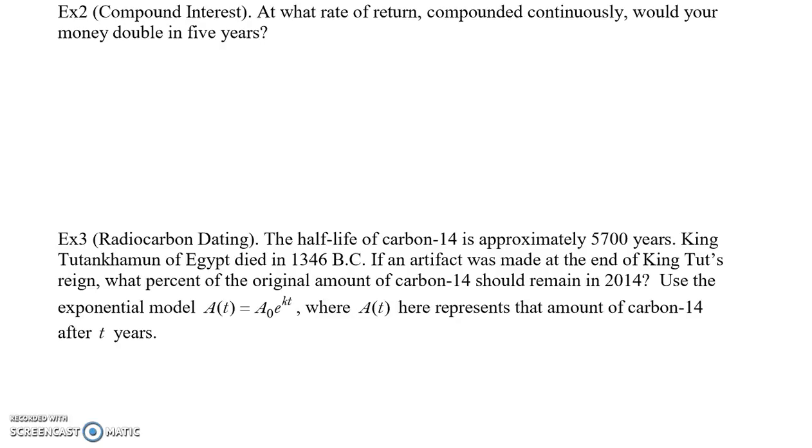Example 2 also involves compound interest. At what rate of return, compounded continuously, would your money double in 5 years? Now, the rate of return is the interest rate. So here we're solving for an unknown interest rate under continuous compounding.